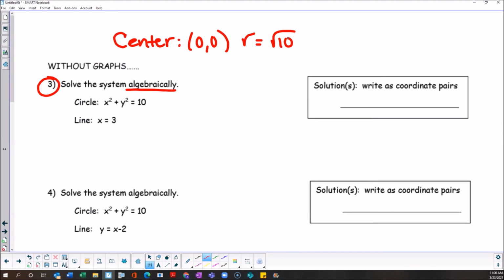So this is an example where you would solve for it algebraically instead of graphing. So if we're given this line x equals 3, what do I do with that? How do I solve? Can I substitute that in somewhere? Like there, right? So I'm just going to use substitution.